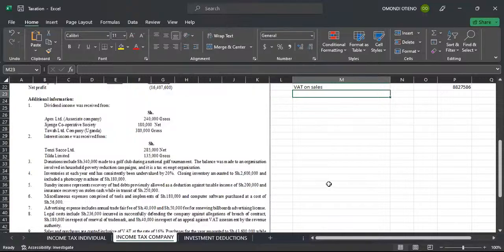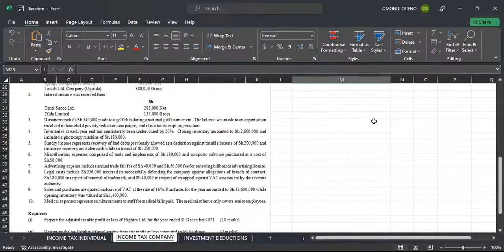So for those who are asking about the photocopying machine, I want us to get it from this. Where is 64 million coming from? Can you look at the income statement and tell me the value of sales? What is the value of sales from the information given up there? So that's where we got the 64 from.